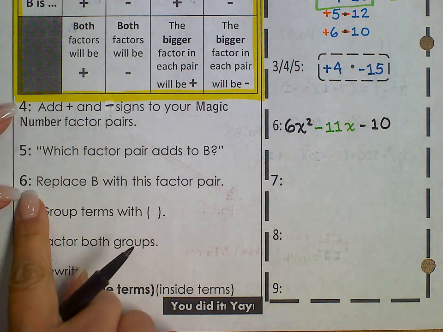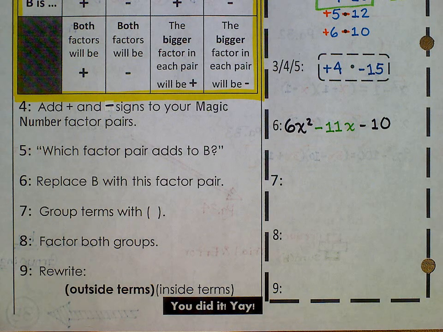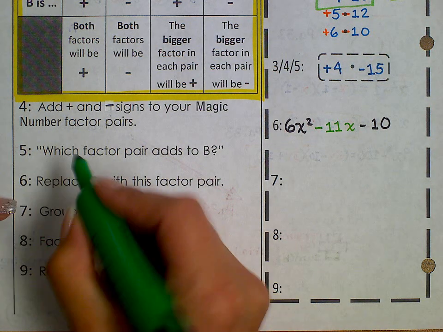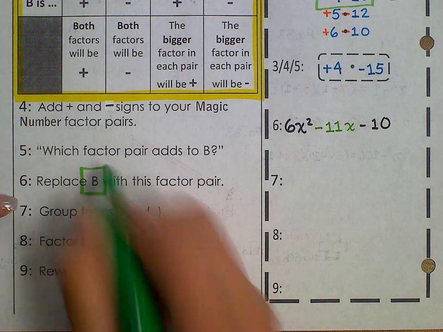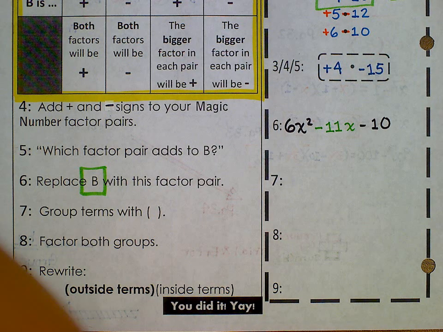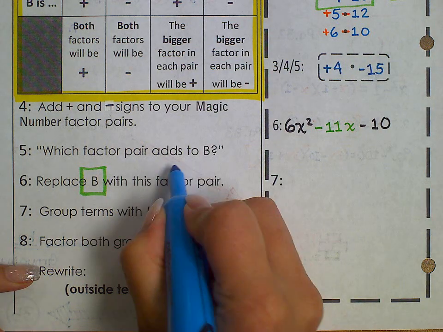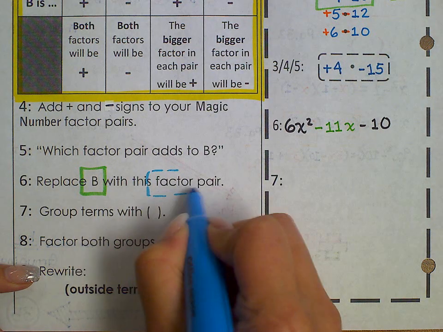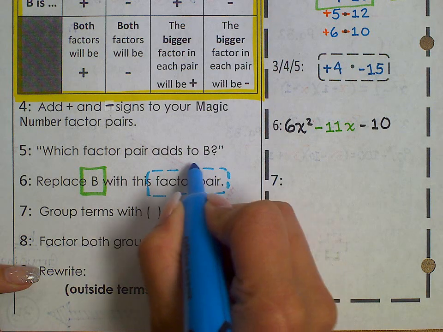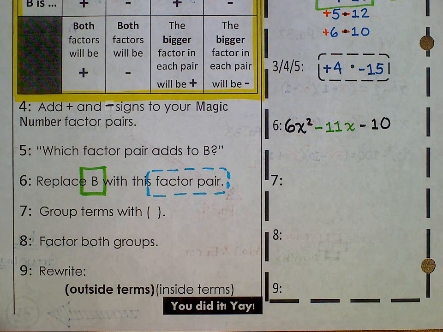Now, according to number 6, I am going to replace B with this factored pair, the one that we have here in this little dashed rectangle.